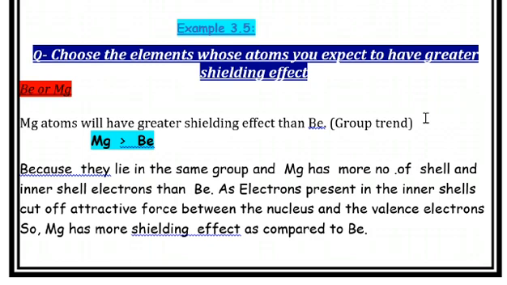Both lie in group 2. Magnesium has more shells and inner shell electrons than beryllium, because beryllium is present above magnesium in the periodic table. So beryllium has less shielding effect than magnesium, because magnesium has more shells than beryllium.